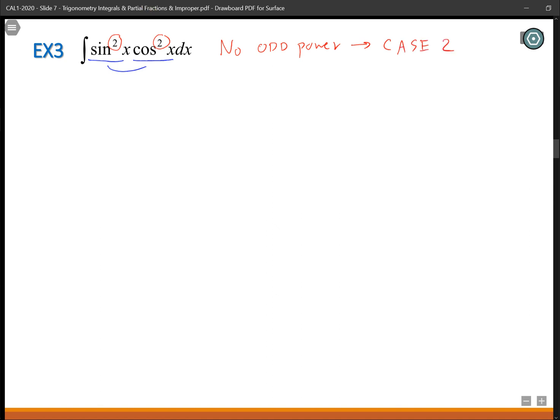Case 2. For case 2, it's not STS, it's not split, transform, substitution. We have to use something different, which is the half angle identity. Okay, for case 2, no odd power, it's going to be half angle identity.